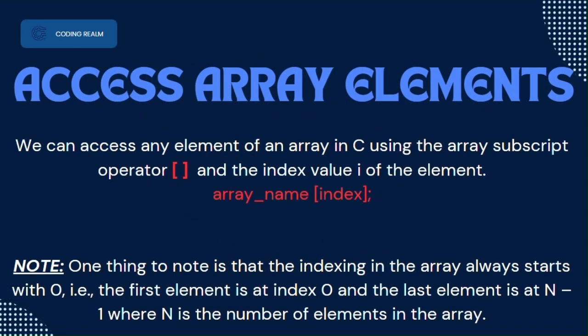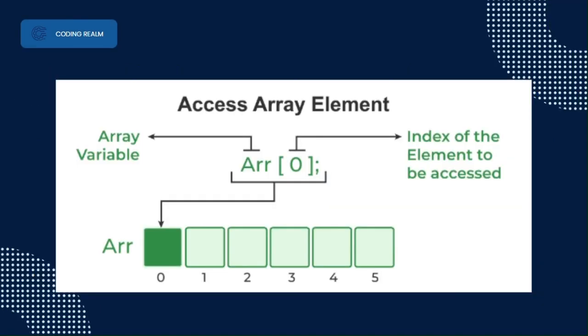Now, accessing array elements. We can access any element of the array in C using the array subscript operator and the index value i of the element. Like the syntax here, we have the array name and the index. For example, A5. Like here, the index of the first element is 0, and the array name here is arr.